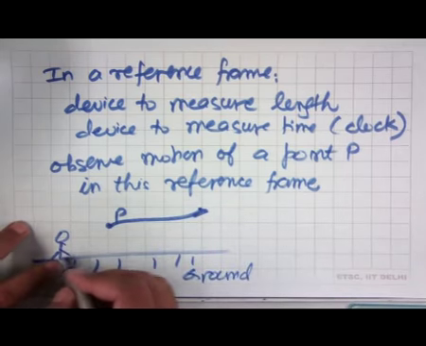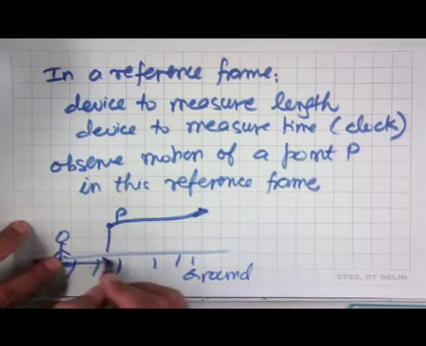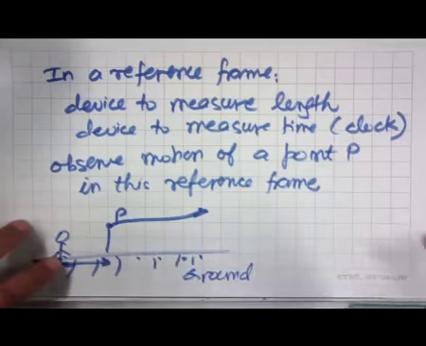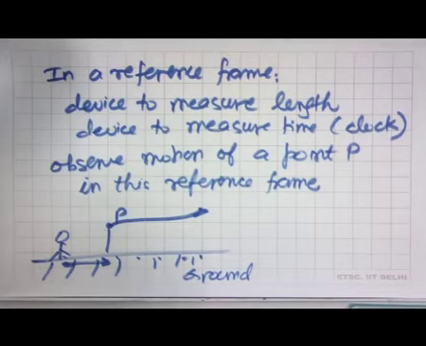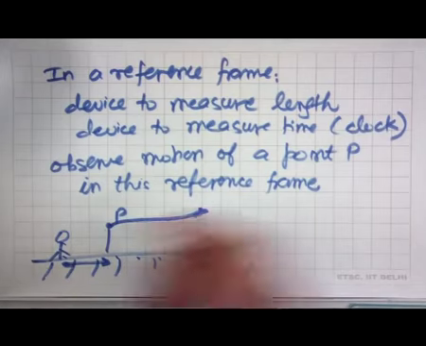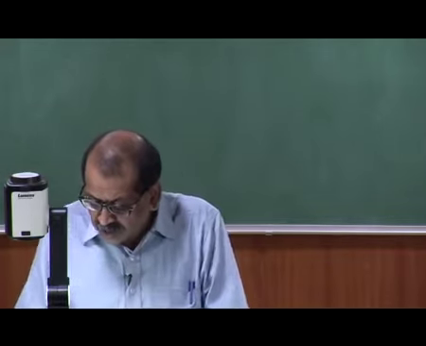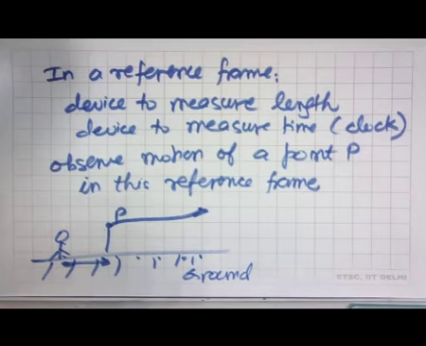At time t equal to 0, I measure the distance of point P, and I keep on measuring how P changes with time. I have an instrument to measure length and an instrument to measure time. So, using this I can observe the motion of point P, and this motion has been observed with respect to reference frame 1.